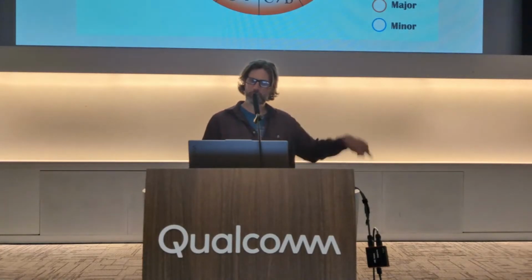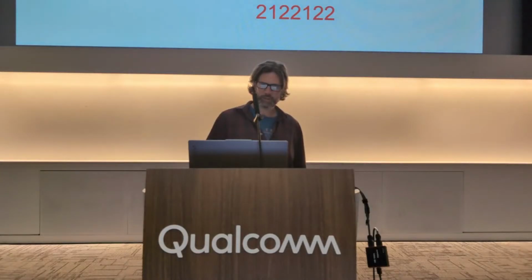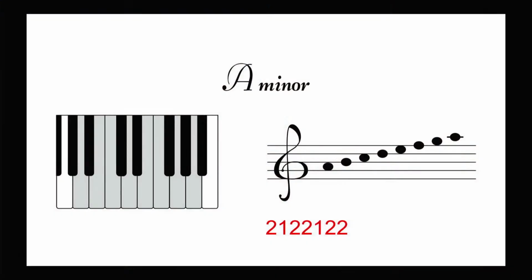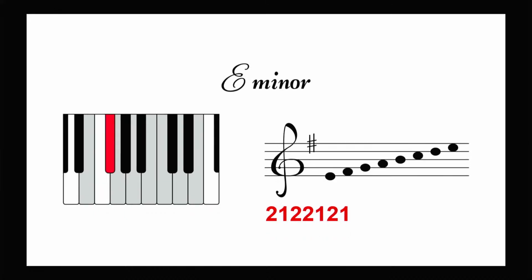That is the relative minor of C major. If we plot this on piano, we get the musical equation of 2, 1, 2, 2, 1, 2, 2. And if we plot that on E, we get the same equation as well, 2, 2, 1, 2, 2, 2.